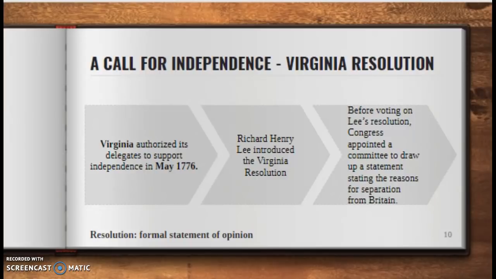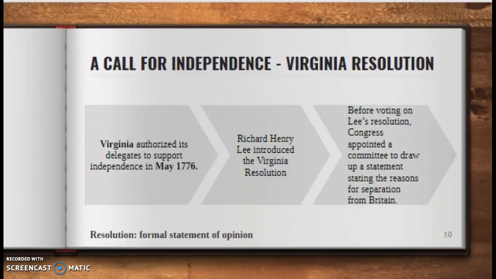But a call for independence really started in Virginia. Virginia had authorized its delegates to support independence in May of 1776. So this was only shortly after Thomas Paine's Common Sense came out. Richard Henry Lee then introduced the Virginia Resolution.